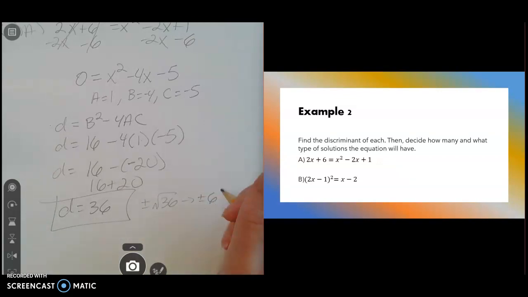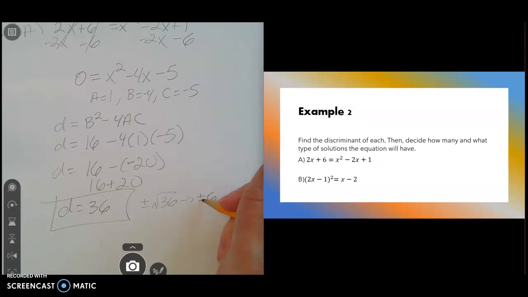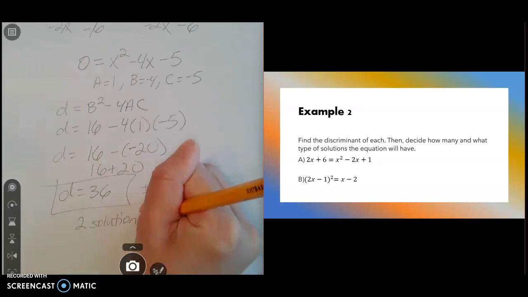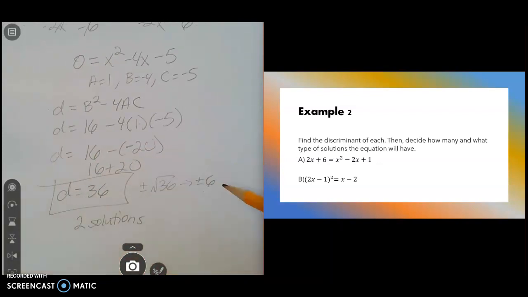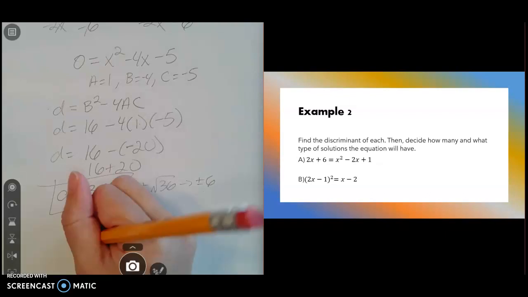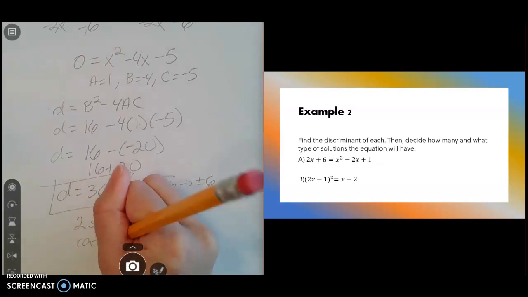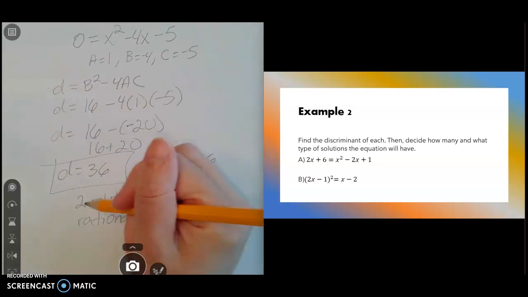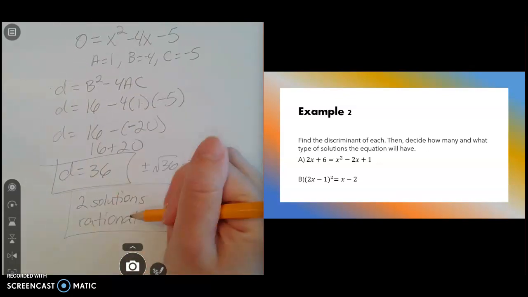So what we're going to have is a positive and a negative, right? A plus and a minus version, so we are going to get two solutions when we do the quadratic formula. It's a perfect square, so we're going to get nice integer answers, which is going to relate to rational solutions. Okay? We'll be able to write them as fractions. So we get two solutions, and they will be rational.